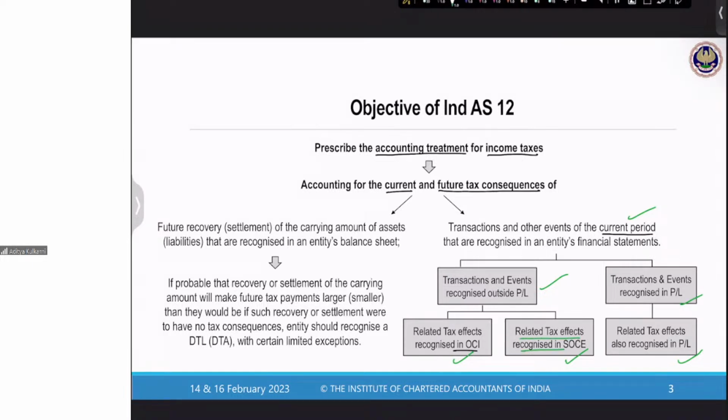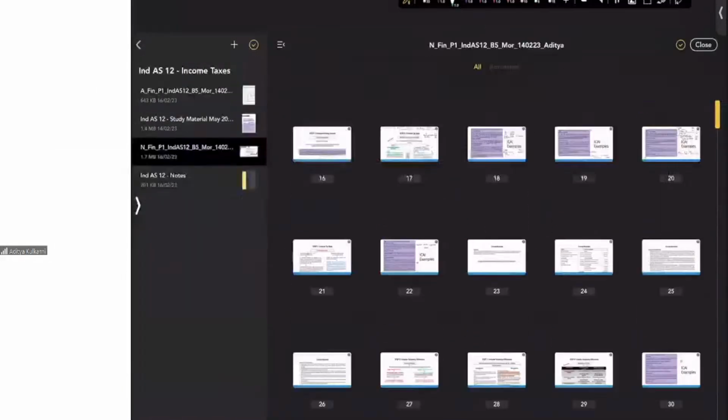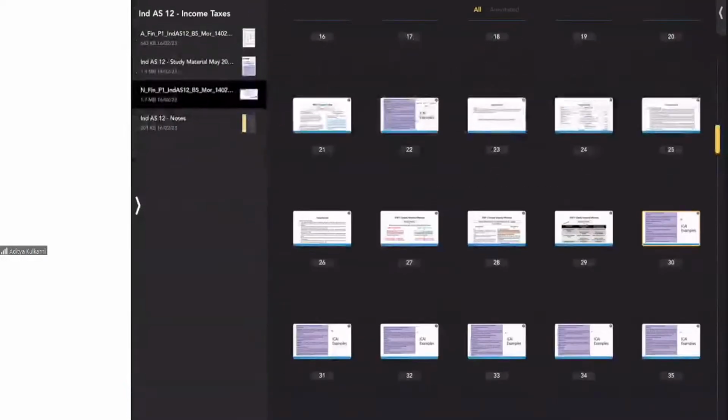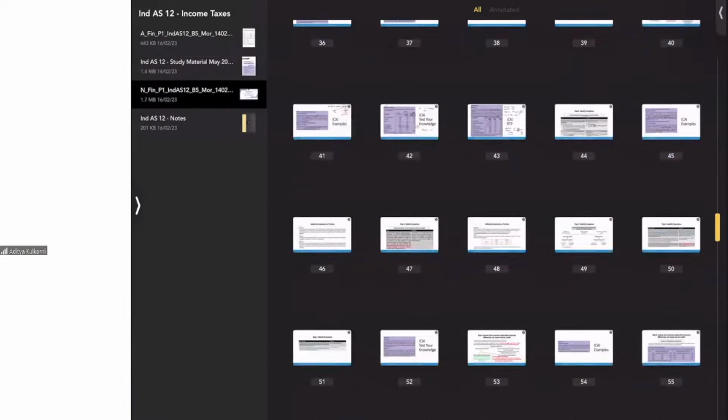Sir, it went in the statement of changes in equity, means into equity. So where am I going to recognize the debit or credit relating to DTL or DTA? I will be recognizing it in the statement of changes in equity, that means basically my equity. Are you clear with this? Yes.